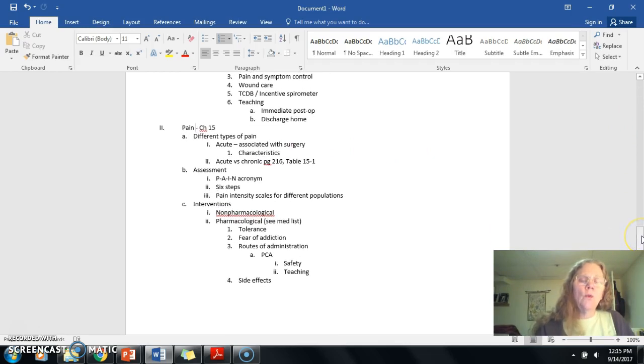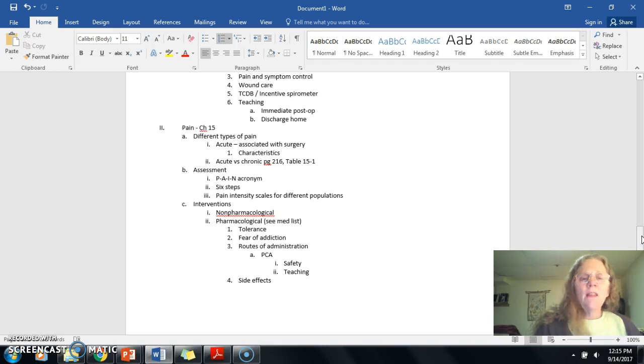And then related to interventions for managing pain, there are both non-pharmacological methods as well as pharmacological. In the non-pharmacological methods, they have a nice list, but I also would like to point out that positioning is important. Sometimes just repositioning a patient will help them with their pain.